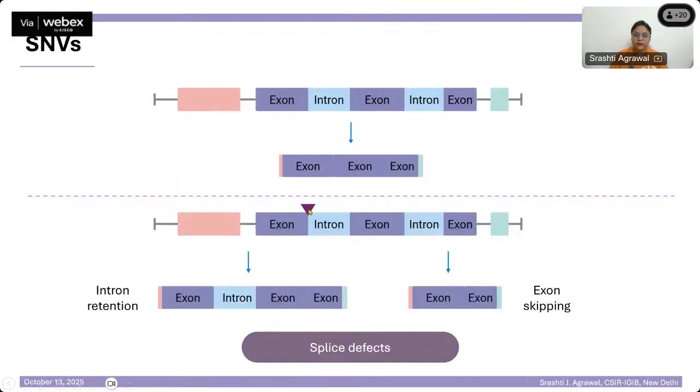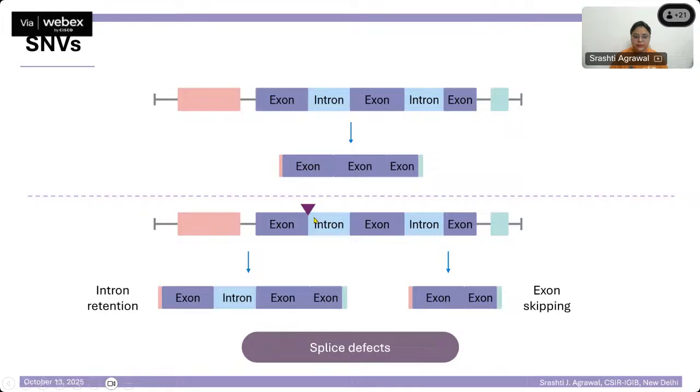Then the variant might occur in an exonic region or in an intronic region, but sometimes these variants affect how splicing occurs. Now, splicing is important for pre-mRNA to become a mature mRNA. If it does not occur properly, then a complete mature mRNA would not form.